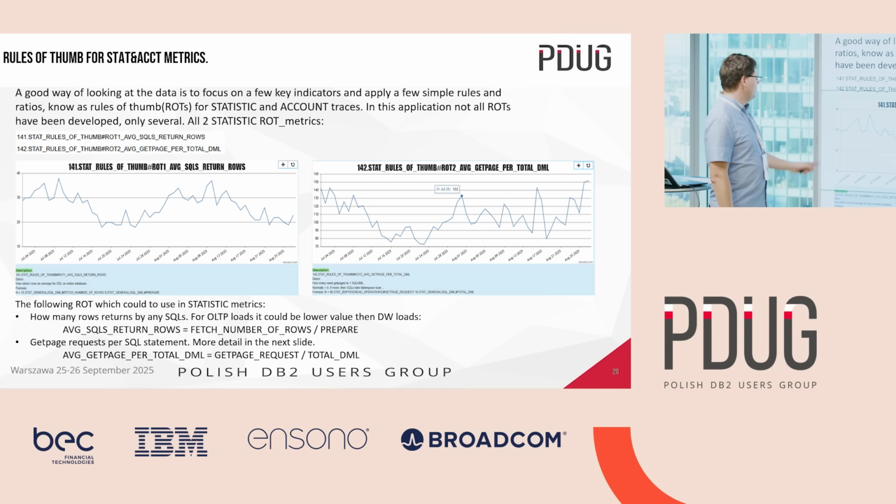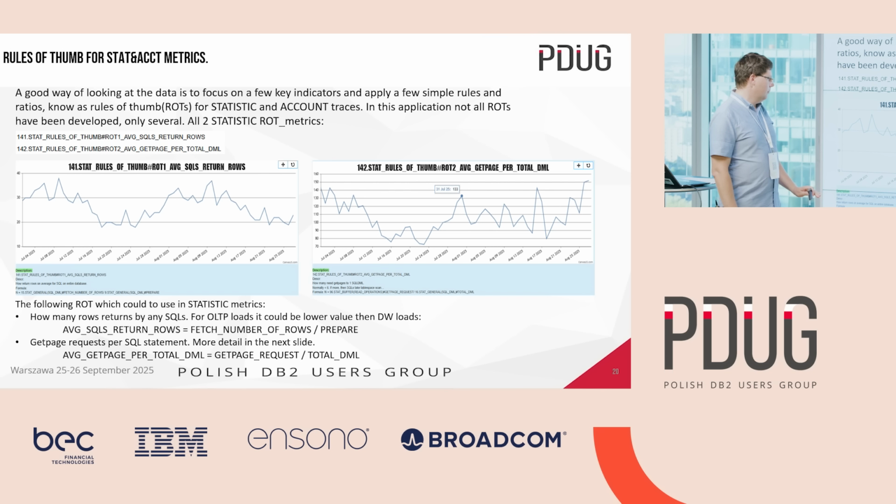They provided the first charts. SQL returned rows provides information on how many rows are returned by SQLs. What's useful? For all OLTP loads, this value could be lower than for data warehouse loads. In these charts, on average 30 rows per day.